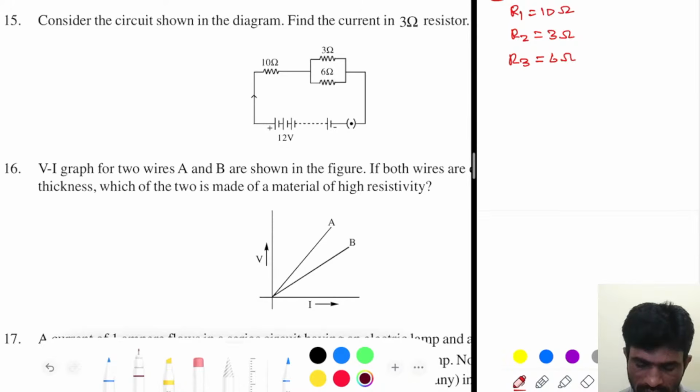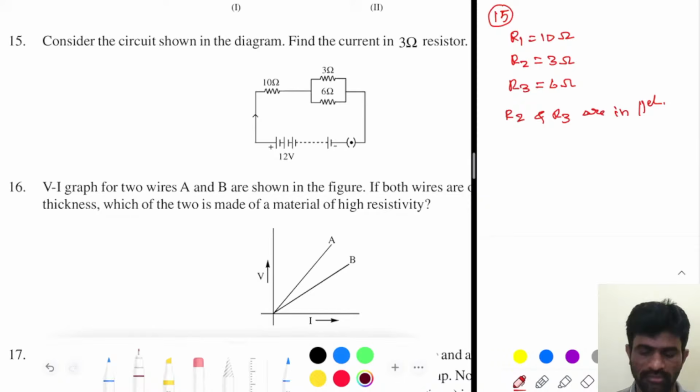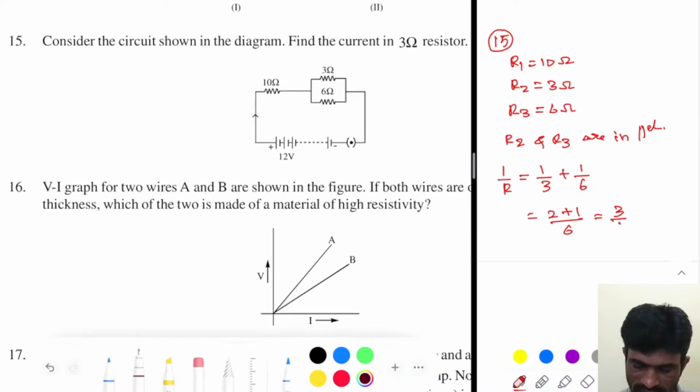Now R2 and R3 are in parallel. When R2 and R3 are in parallel, their effective resistance is 1 by R is equal to 1 by 3 plus 1 by 6, which is 2 by 6 plus 1 by 6, which is 3 by 6.